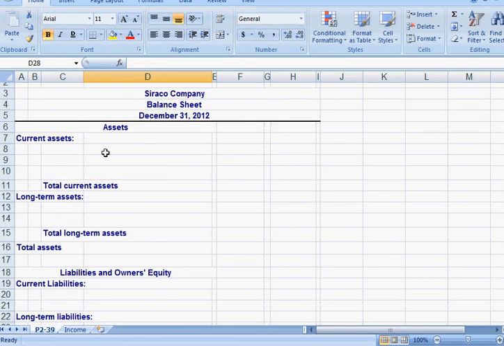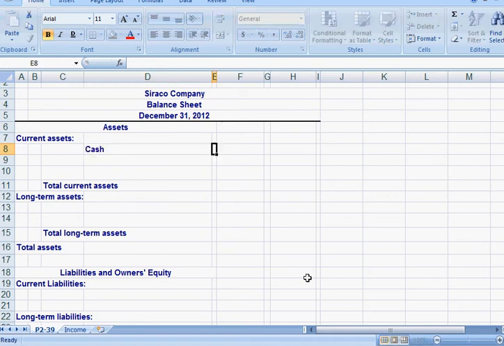So the first thing we need to do is get our assets put into our balance sheet. So again, if you're looking at the list of accounts, we go through and we start finding our assets. And remember, we talked about in class, they're divided up into current, which are things that are within a year, and long-term, which are assets over a year that we're going to keep and hold on to for over a year.